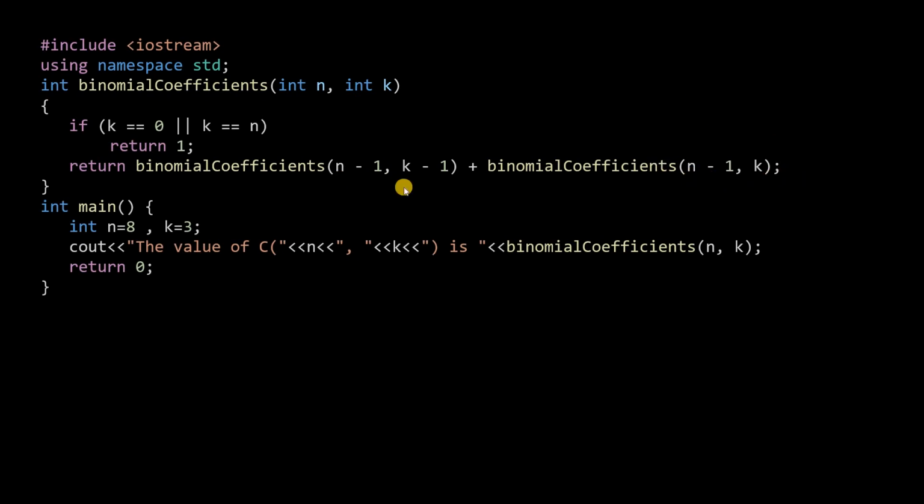So remember these two things. For the first call we decrease each value by 1, but for the second call we decrease the first value and the second value stays the same. Please remember this, because in the dry run this formula will be needed at every step. Our initial n value is 8 and k value is 3. Okay, so let's see the dry run.